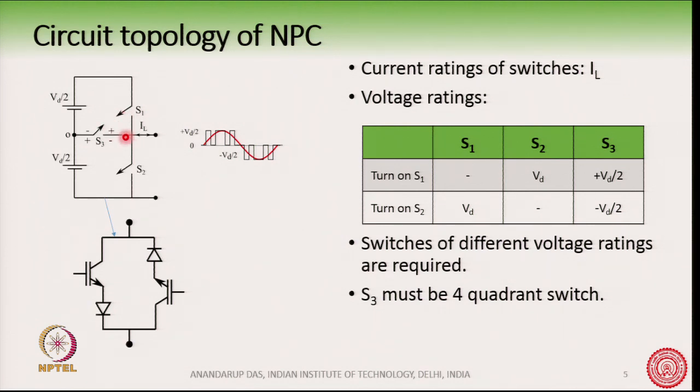So, therefore, if I now want to know the voltage rating of S1, then suppose I turn on S2, okay, then this point's potential will come here, and so S1 has to block the full DC bus voltage, and hence the voltage rating of S1 should be equal to Vd, right.